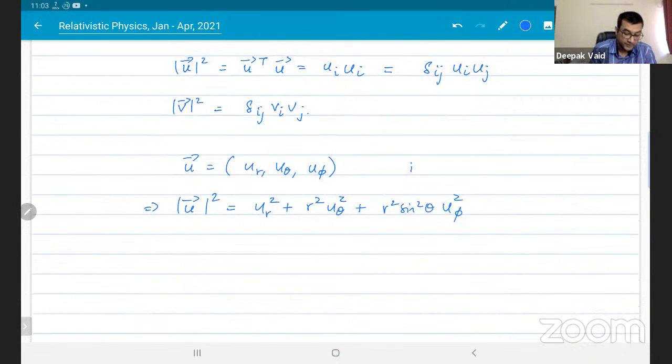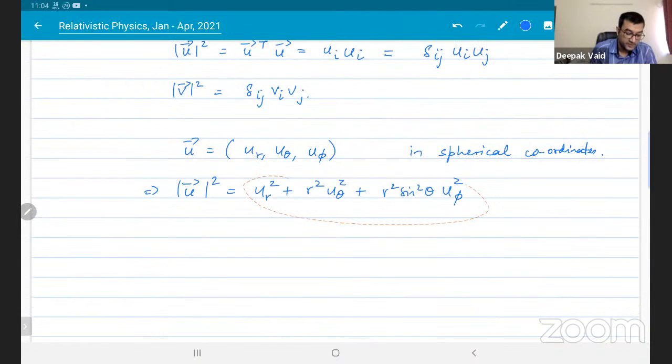This is in spherical coordinates. Now, this expression can also be written in the following way. I can write it as G_ij u_i u_j, where G_ij is a matrix which has the following elements.